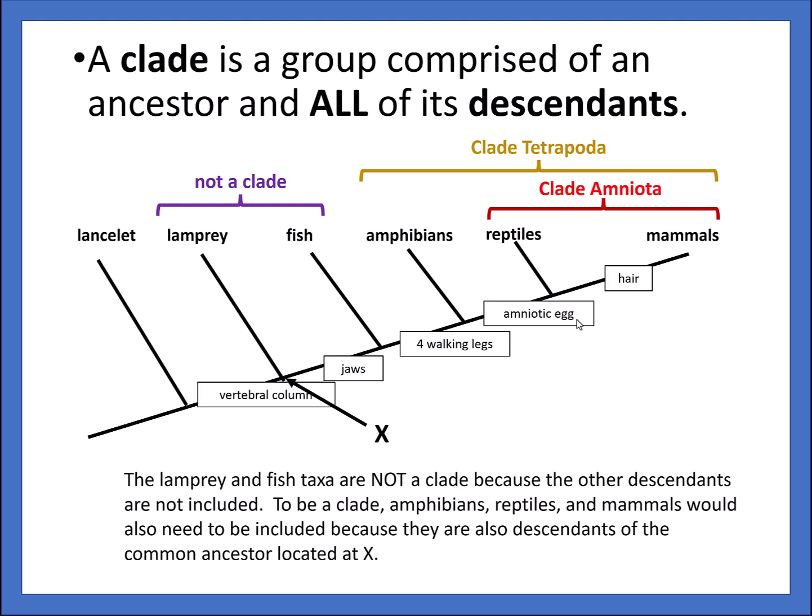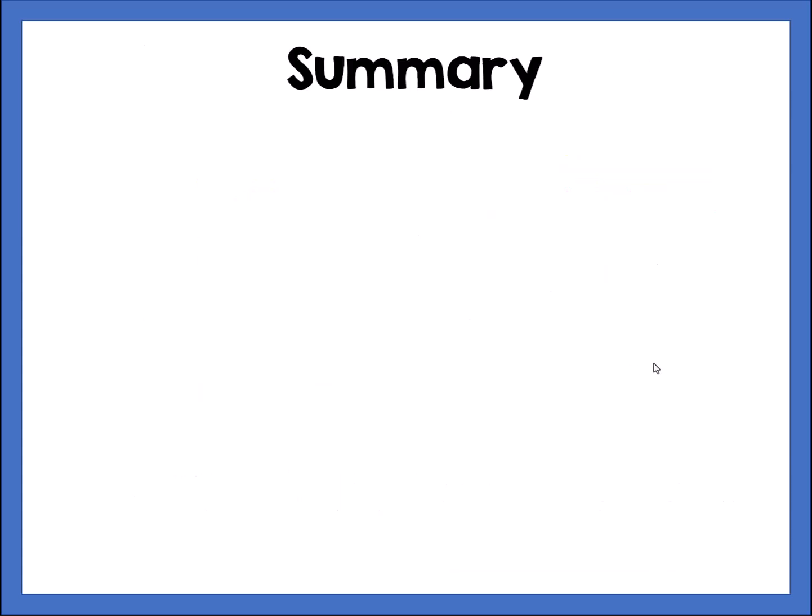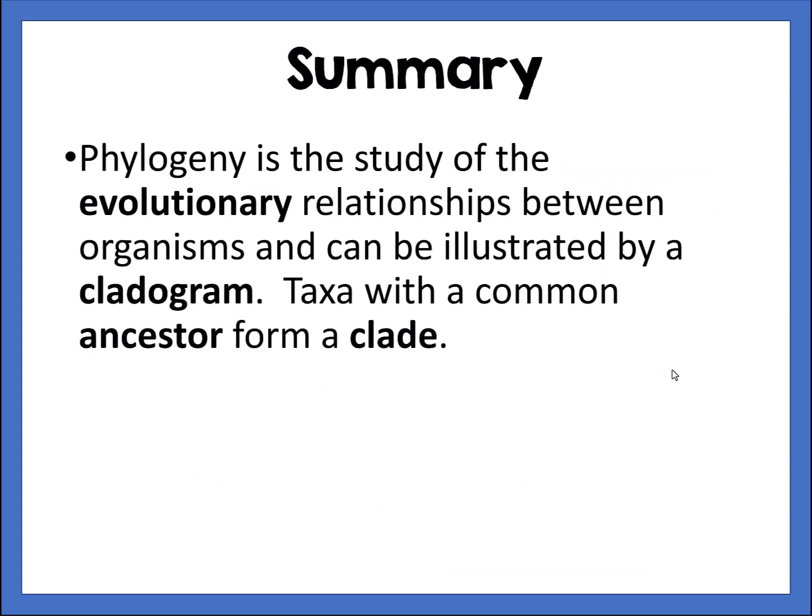So all of these would need to be included to be a clade. So in summary, phylogeny is the study of evolutionary relationships between organisms, and it can be illustrated by a cladogram. Taxa with a common ancestor form a clade.